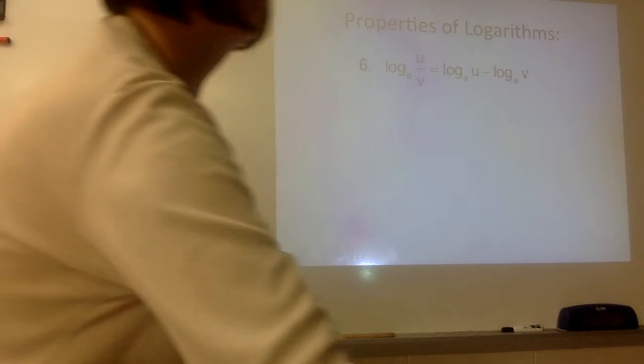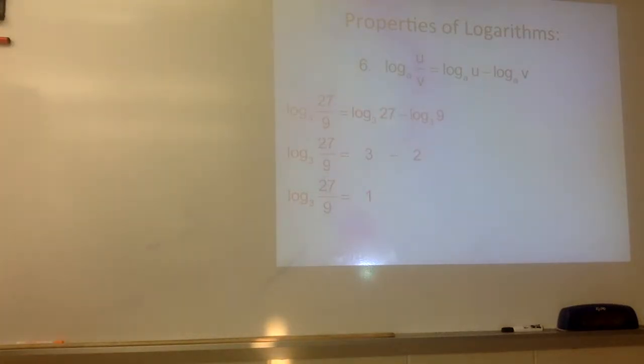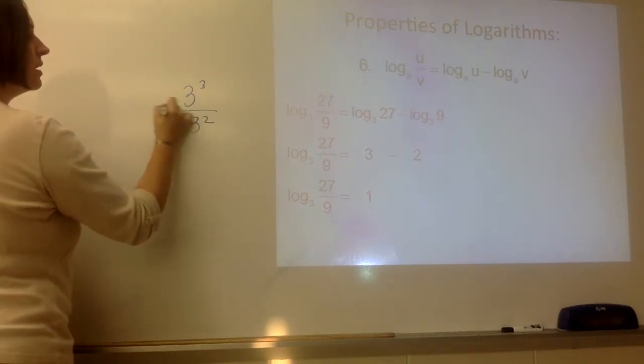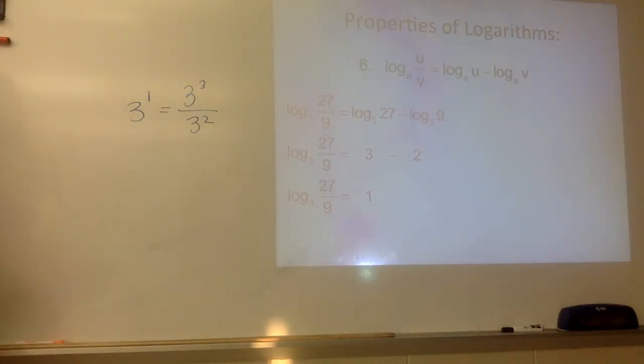Here's our thinking example. 27 divided by 9. 3 cubed divided by 3 squared. Doesn't that equal 3 to the first because we subtract the exponents? Same exact thing.